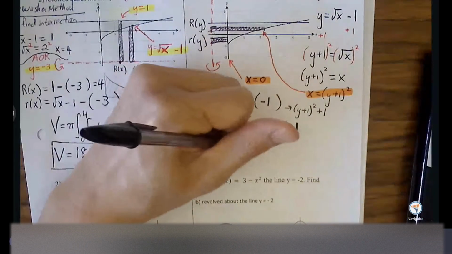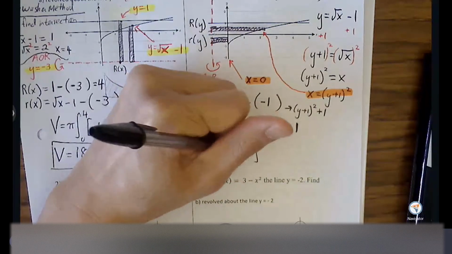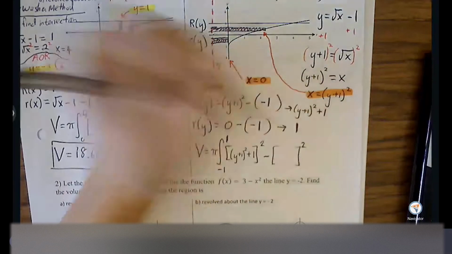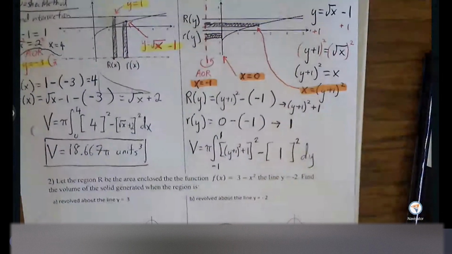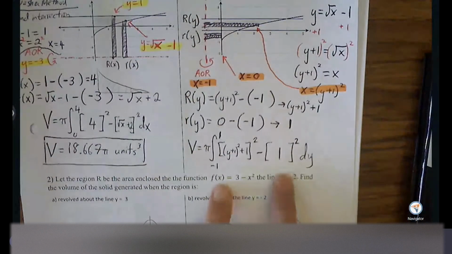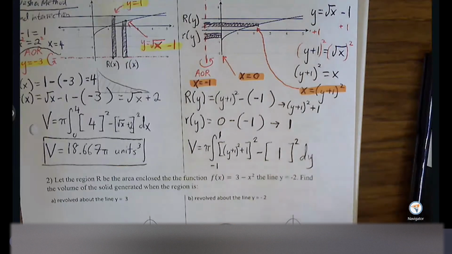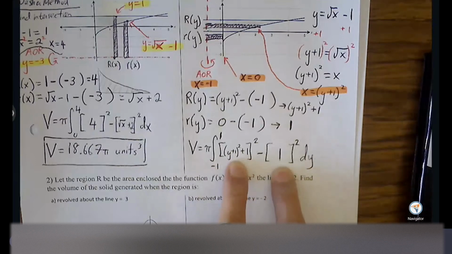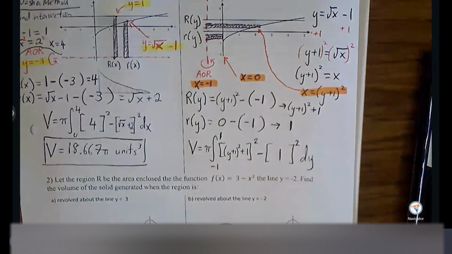Big radius squared minus little radius squared. So I need to see this notation. I need to see this written out. Even though you're entering into the calculator after this point, I do need to see your expression written out correctly in the correct variable.